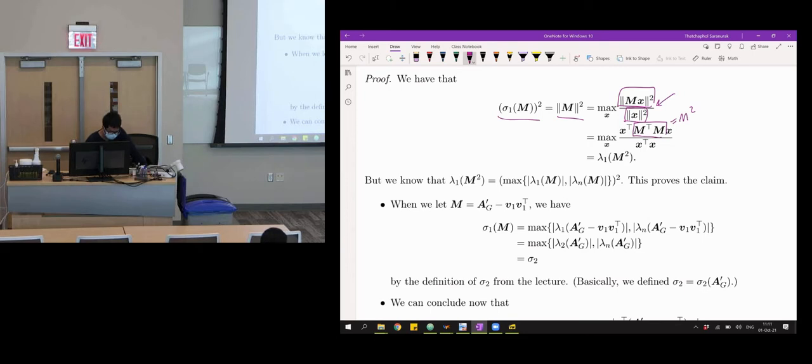So this is now just the first eigenvalue of M squared. But the eigenvalues of M squared can be written as the squares of the eigenvalues of M.